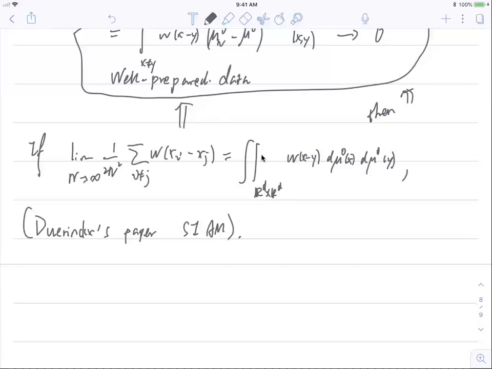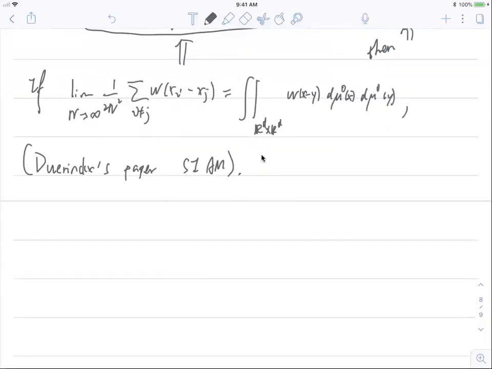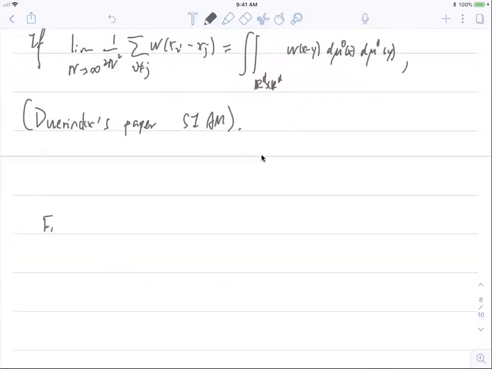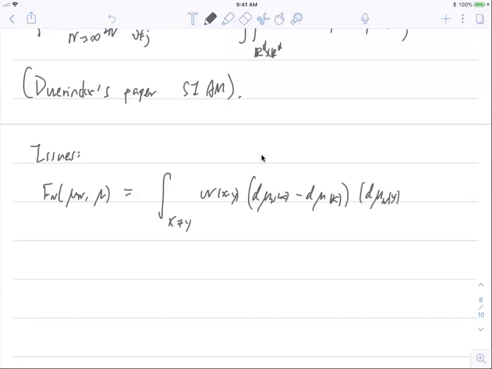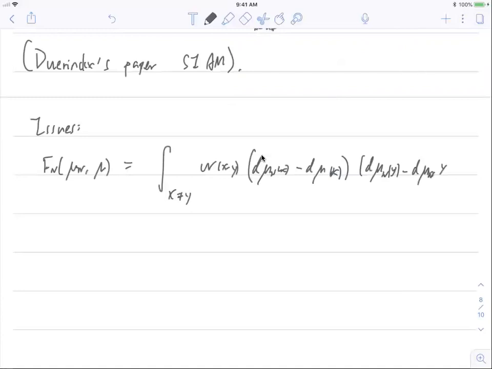In the discrete case, there's a problem, as I told you before: this quantity Fn has issues. Fn(mu_n, mu) is the integral over omega of x minus y, d mu_n(x) minus d mu(x), d mu_n(y) minus d mu(y). Here you remove the diagonal, so you cannot just use the previous approach.